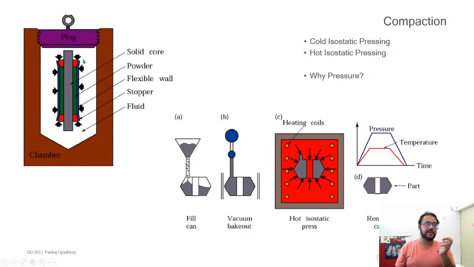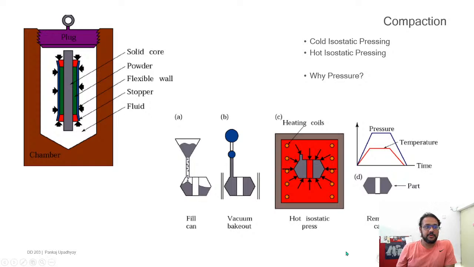Because of the pressure in the chamber, all these parts experience a force along their surfaces, uniformly throughout. That is held for some time, and once that pressure is removed, the part is compacted. This is the idea about hot isostatic pressing.